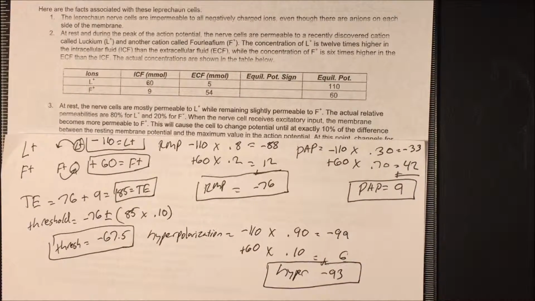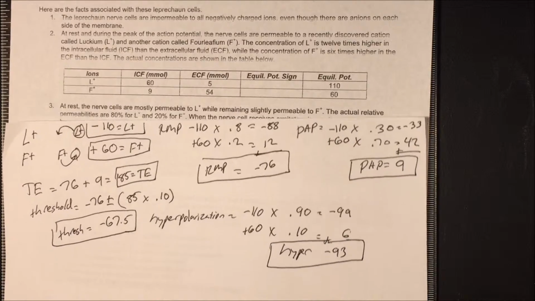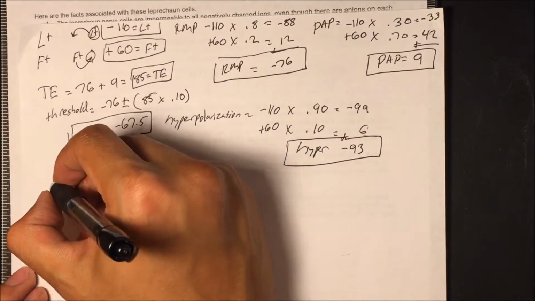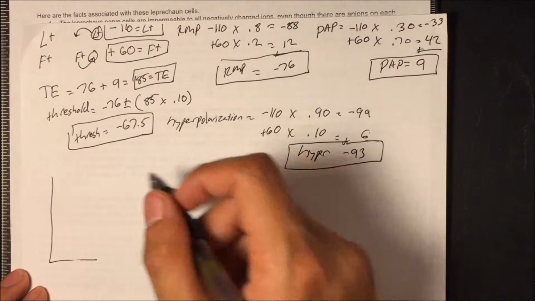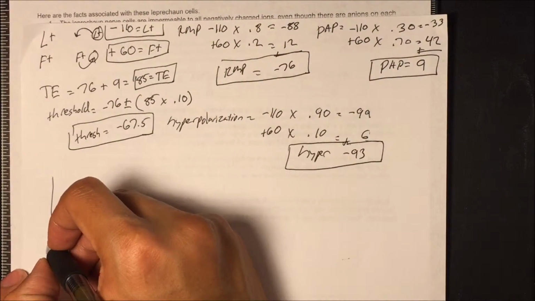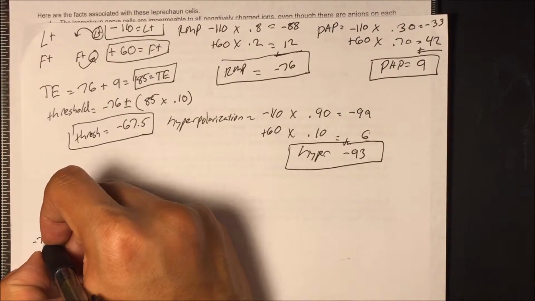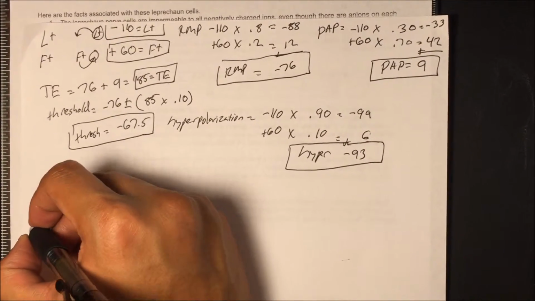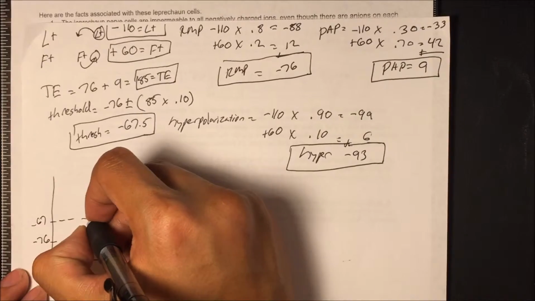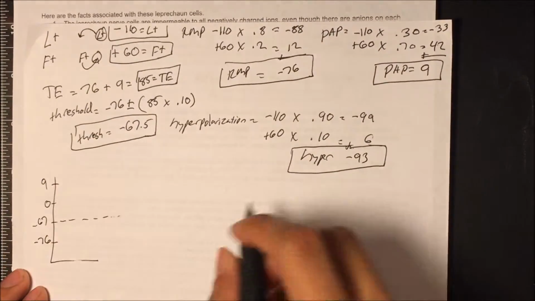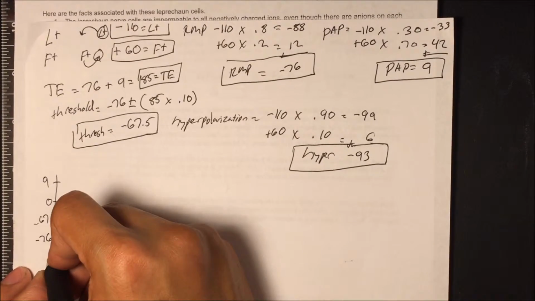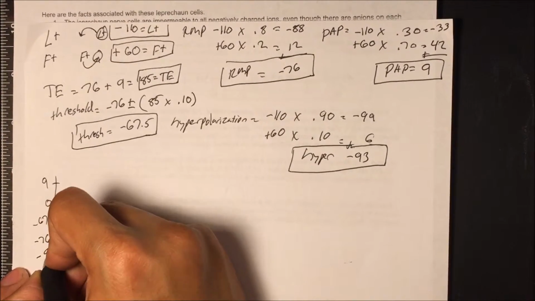Okay, so now we have all the information to make the graph. So what we have is the resting membrane potential, which is negative 76. We've got the threshold, which is negative 67. We've got the peak, which is 9. And we've got hyperpolarization at negative 93.